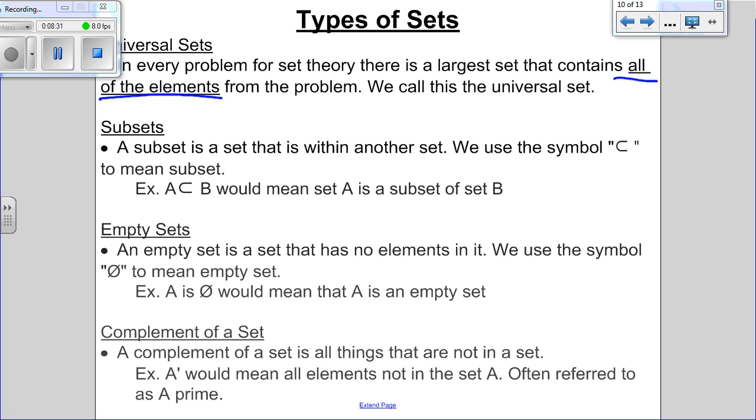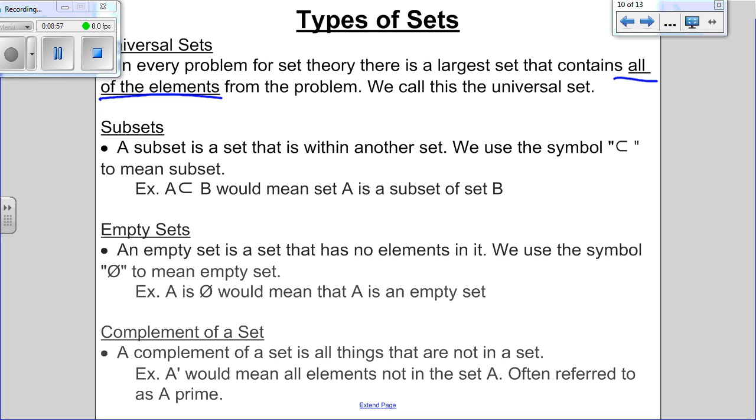The next term you're going to hear a bunch of is subsets. So subsets would be a group within another group. Often we're talking about a set within the universal set. So for my exact example of there's females and there's males, and then there's everyone in the room. Females would be a subset of people in this room. You are a set of people within the universal set of everything here.